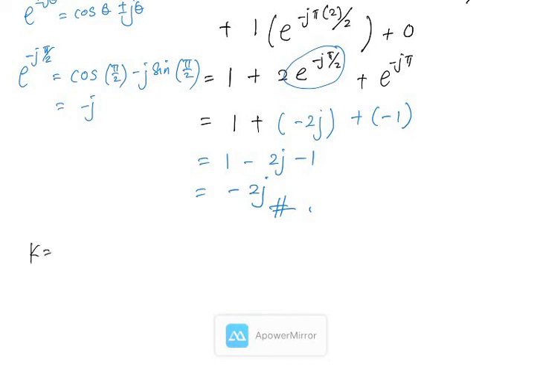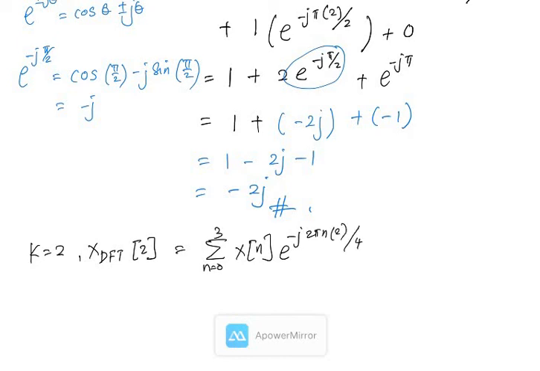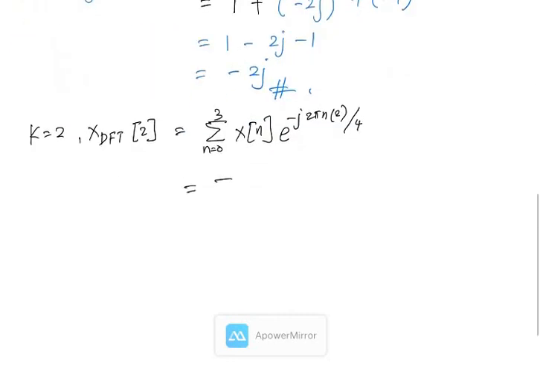So when k equal to 2, X DFT k, so X DFT 2 equal to, again, the summation from n equals 0 to 3, x[n] exponent minus j 2 pi n k over 4, which is equivalent to exponent minus j pi n.